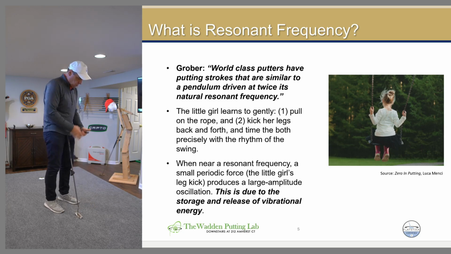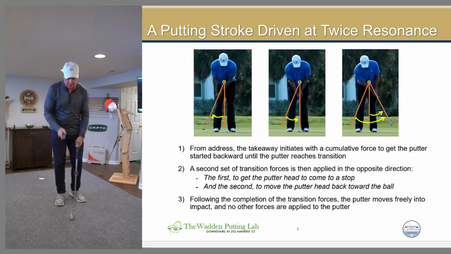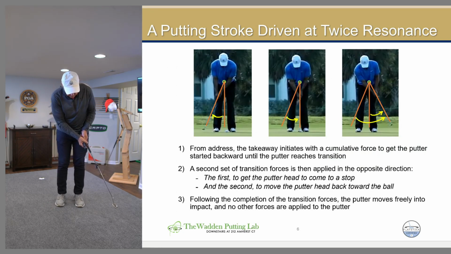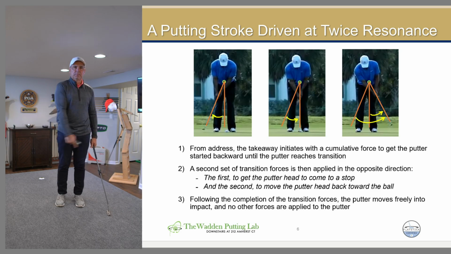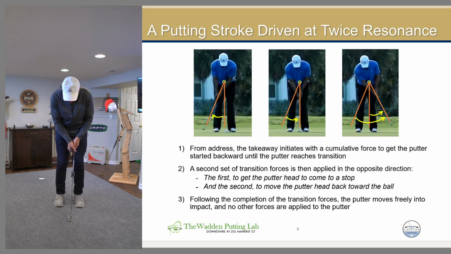Now, the putting stroke is different, and here's how it's different. We don't hit a putt starting in motion and then moving back through impact to hit it. We're actually starting a putt from a dead stop.